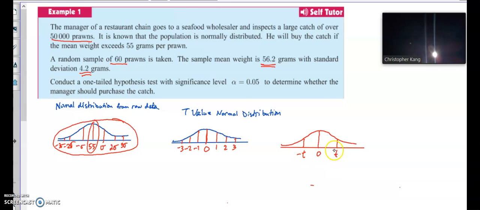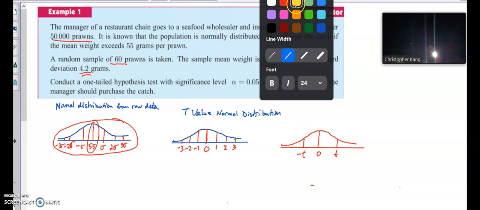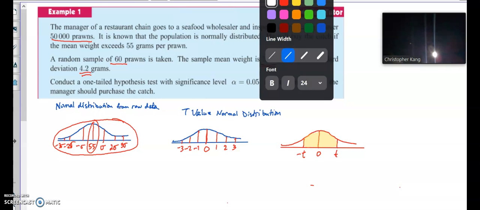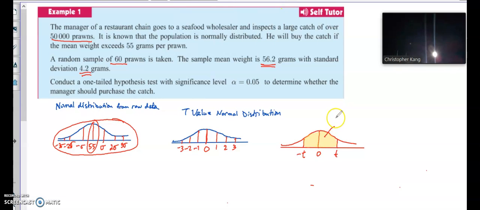Here's our decision. If we get a value that is between negative t and positive t towards the middle, then this region right here is called our confidence level.